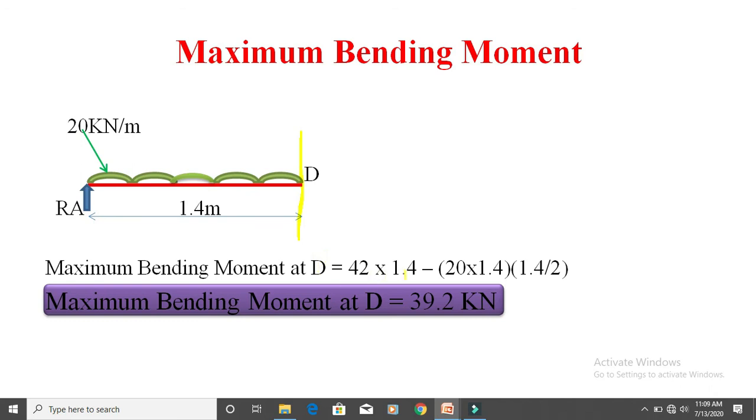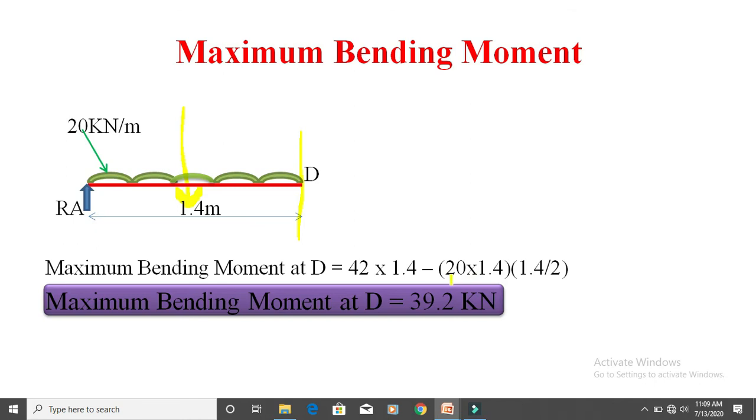42 into 1.4. Then that UDL is converted into a point load. This force is going in the downward direction, so consider minus 20 into 1.4.